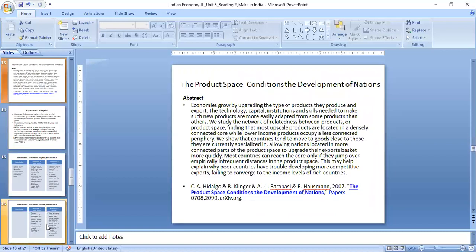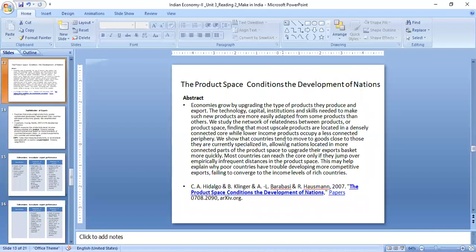So going to the next slide. Now this is the abstract of the article which was published in 2007, which says that technology, capital, institutions, and skills needed to make new products are more easily adapted from some products than others. So most upscale or high value products are located in a densely connected core, while lower income products occupy a less connected periphery.